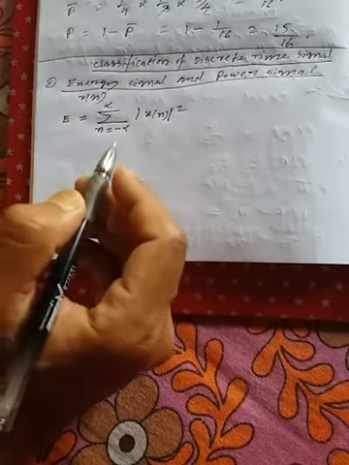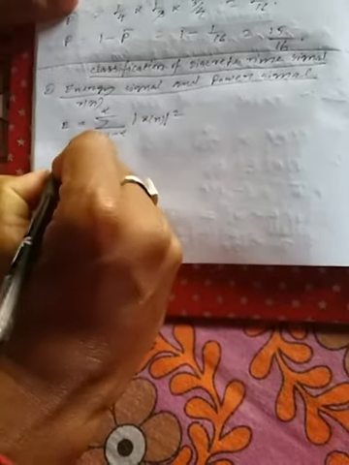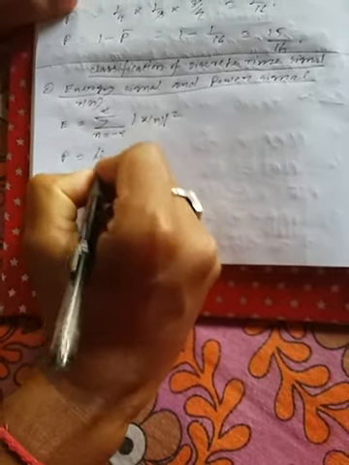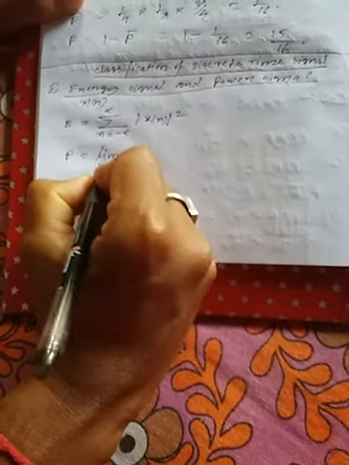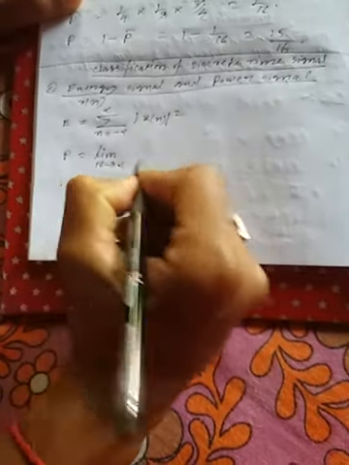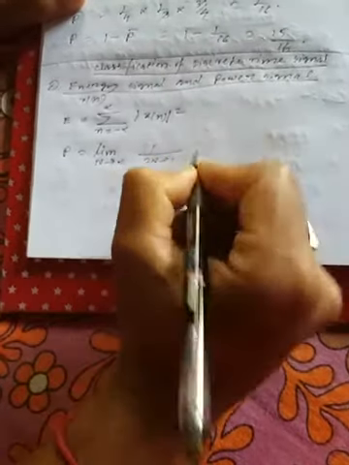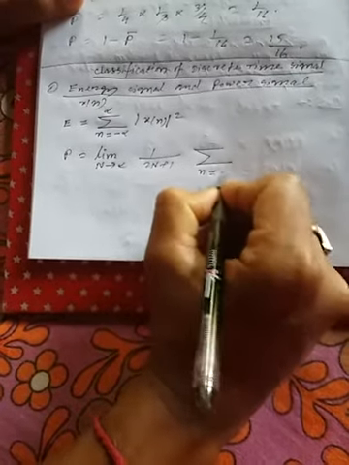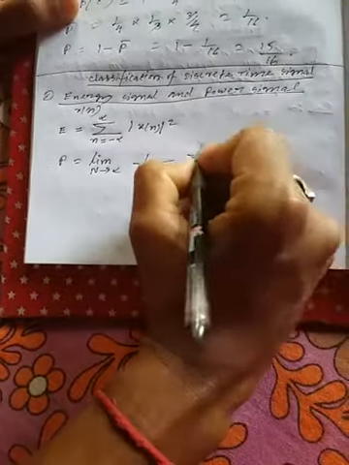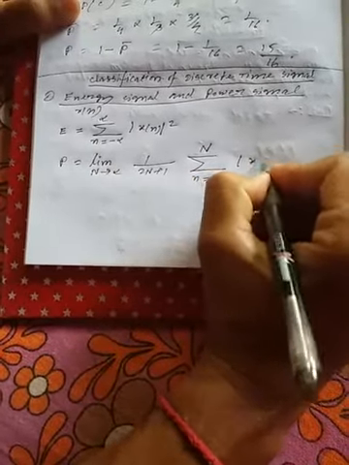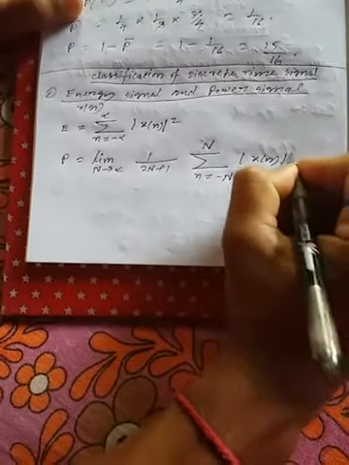And average power of this signal can be calculated by using this formula: limit capital N tends to infinity, 1 by (2N plus 1), summation of small n equal to minus capital N to capital N, mod of x[n] whole square.